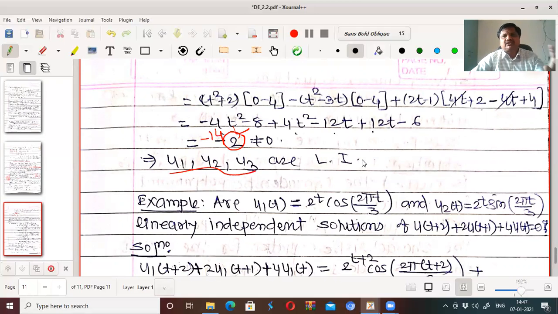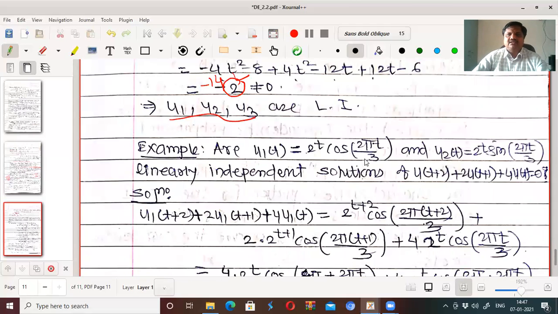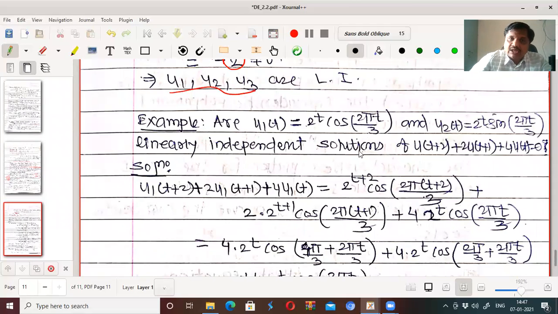So in this way, you can show whether the given solutions are linearly independent or not. Again, one more example of the same type. Are u1t equal to 2 to the power t cos of 2 pi t upon 3 and u2t equal to 2 to the power t sine of 2 pi t upon 3 linearly independent solutions of this equation?